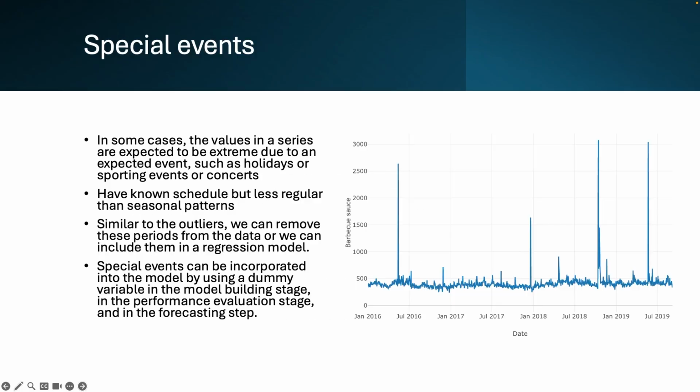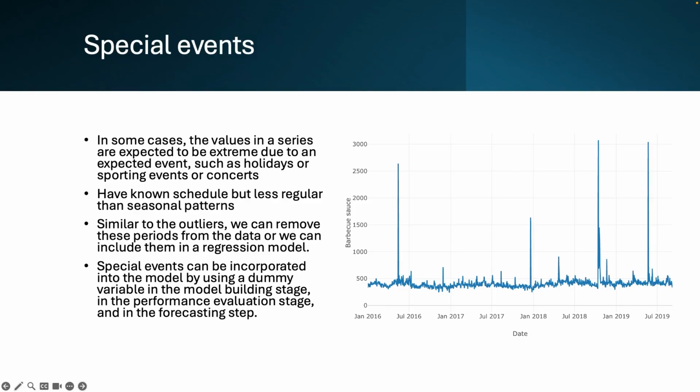The other thing that we want to look at is the special events. In some cases, the values in a series are expected to be extreme because of an unexpected event, unlike the regular patterns like weekends or weekdays.